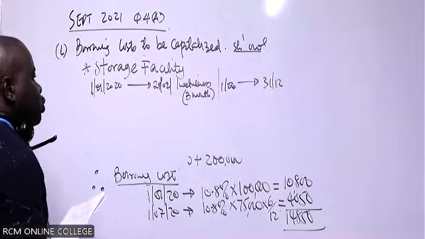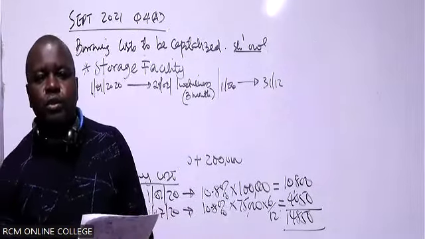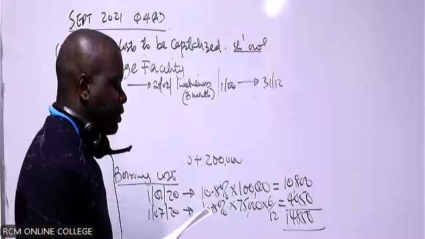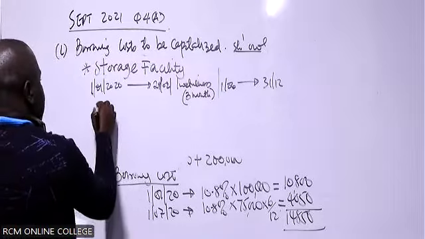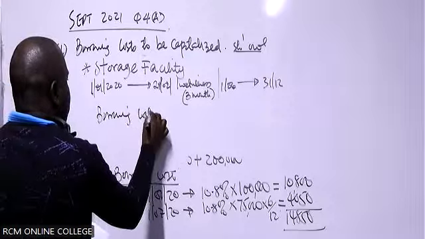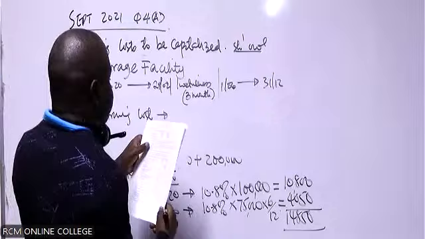So when computing the borrowing cost, we'll only capitalize the borrowing cost during the period of active construction, which is 9 months. Here they are using the 6% debenture.